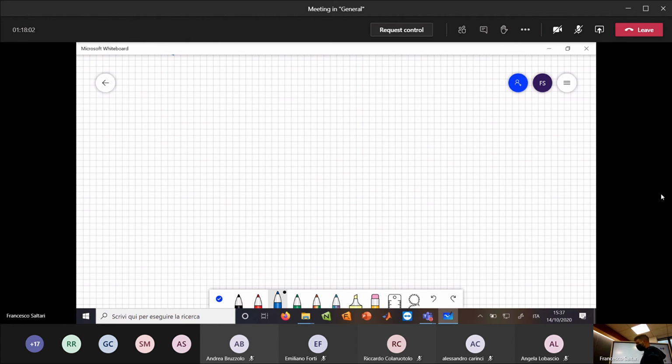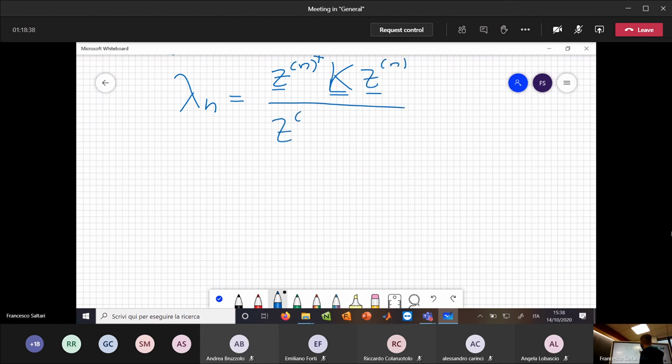These objects are the eigenvalues lambda n, equal to the ratio between zeta n transposed, that is our eigenvector, one of the n eigenvectors that we can get by solving the eigenvalue problem, multiplied by k, multiplied by zeta n, divided by zeta n transposed by m, by zeta n.